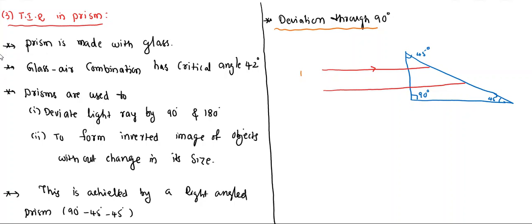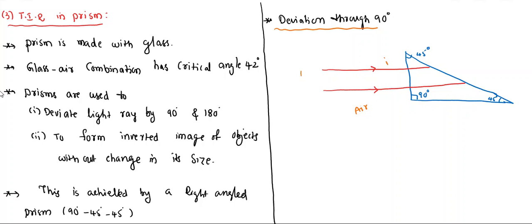Further, we are drawing the diagram here. For the first surface, this is the air and this is the glass, and the light ray is moving from air to glass here. And this is the glass prism. When the light ray is trying to move from air to the glass prism, what is the angle of incidence here?